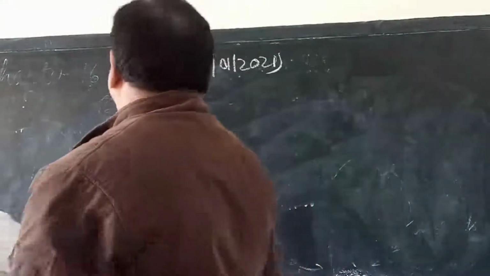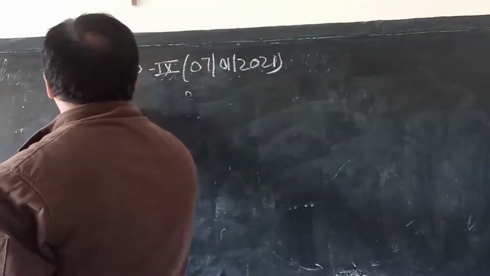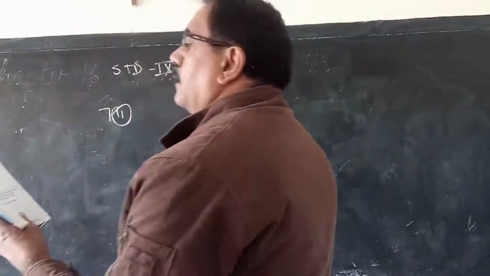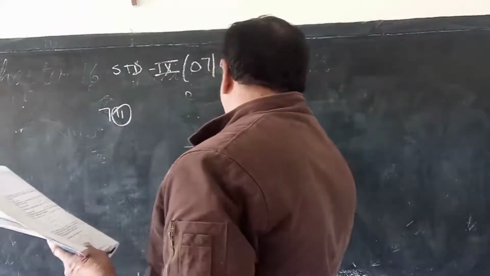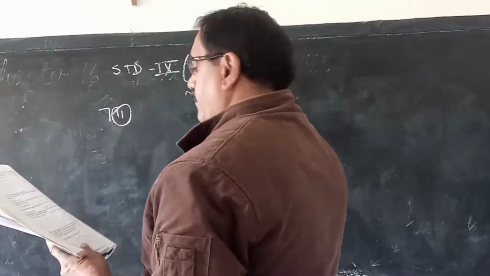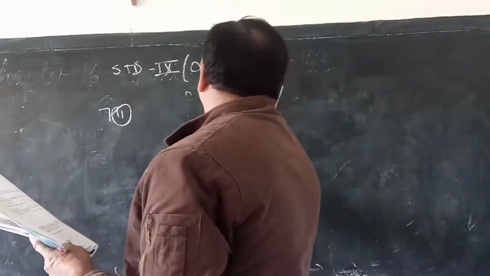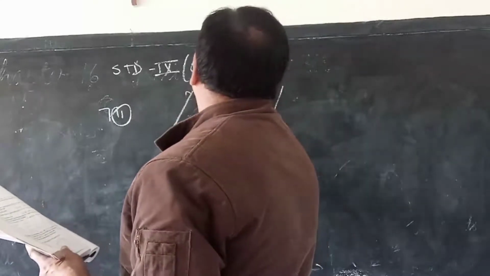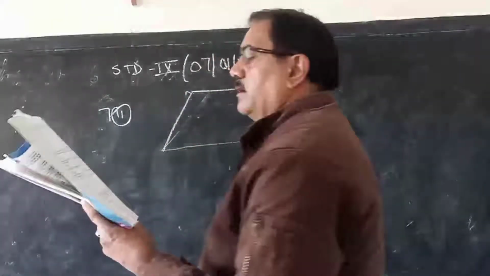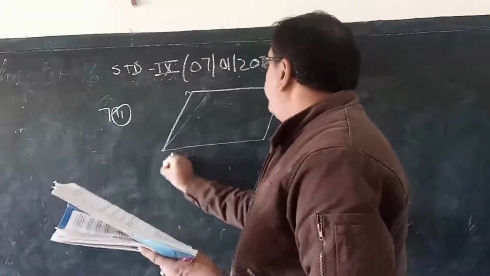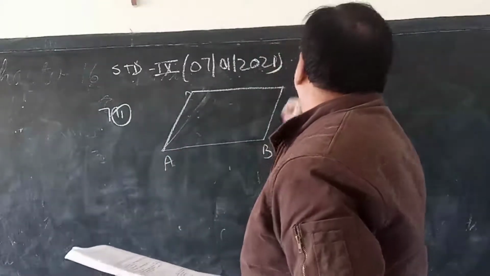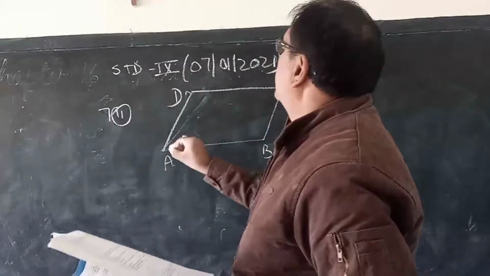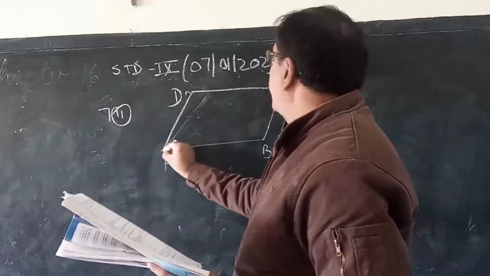One more question, question 7. This is a given parallelogram ABCD, AC diagonal.